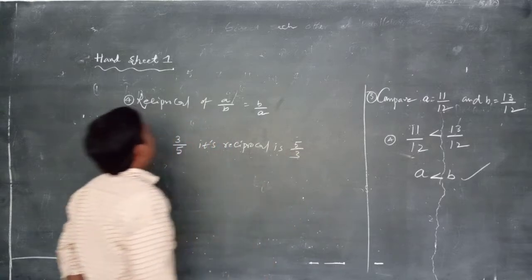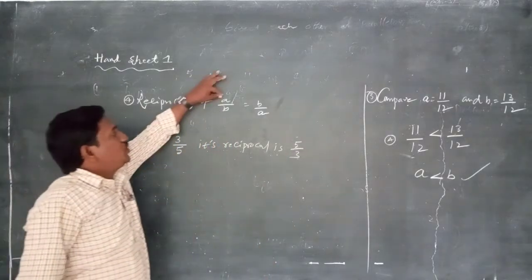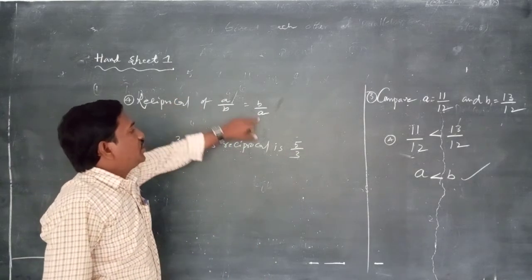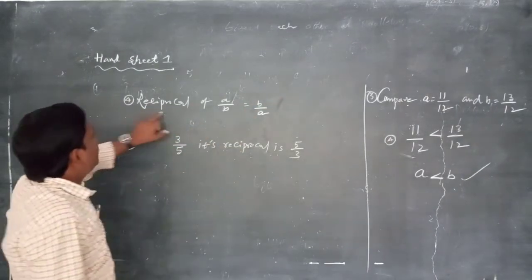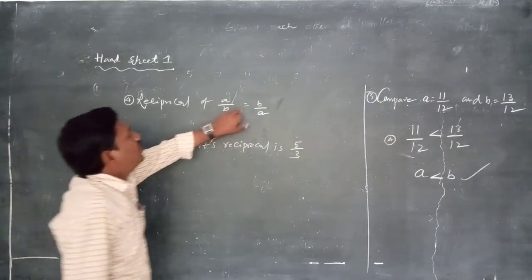So in the reciprocal, the numerator becomes the denominator and the denominator becomes the numerator. So the reciprocal of A by B equals B by A.